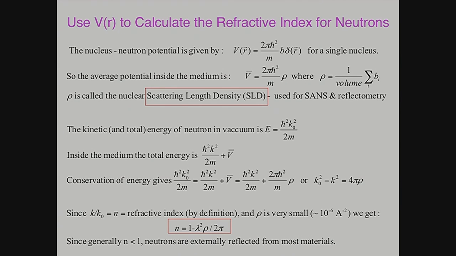By equating those two, and then using this definition of the refractive index, we find that the refractive index is given by this quantity here. So the refractive index for neutrons, because these b values are generally positive, and rho is generally positive, is 1 minus a positive quantity, generally.